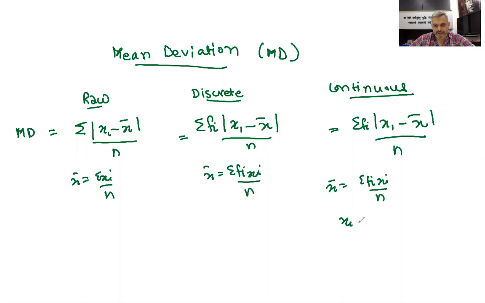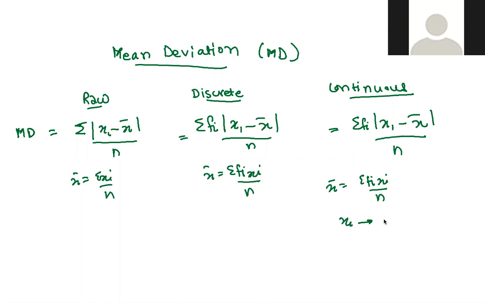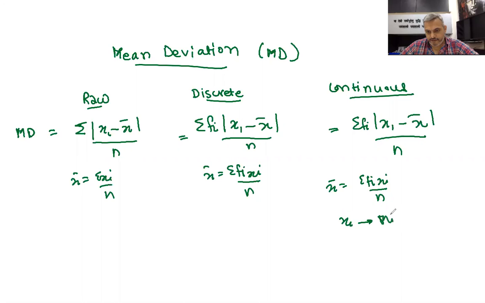But what is xi? Can anyone tell me what xi is in continuous? Mid value. Yes, very good. It is the mid value: upper limit plus lower limit, divided by 2. So xi for continuous is the mid value.